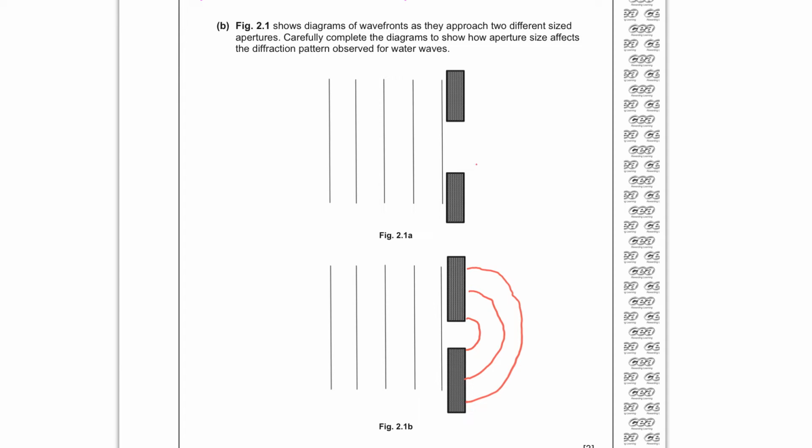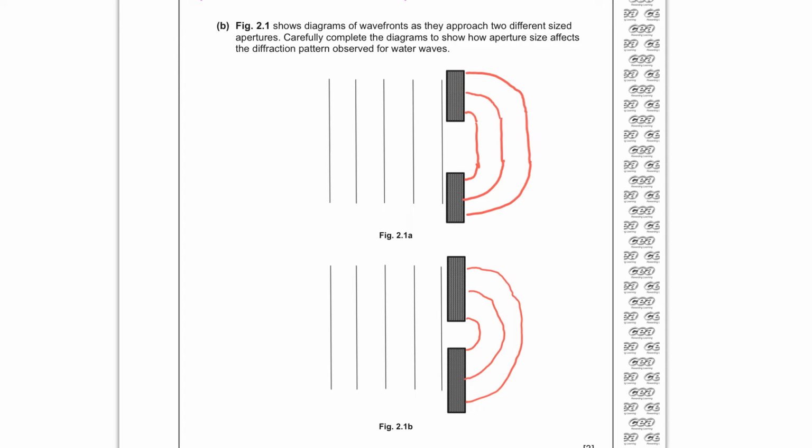So we still have this curve, and we still have this curve, and we still have this curve. Try not to make the wavelengths different. So we still have that curve, still have that curve, and we still have that curve, but there's a straight bit in the middle.